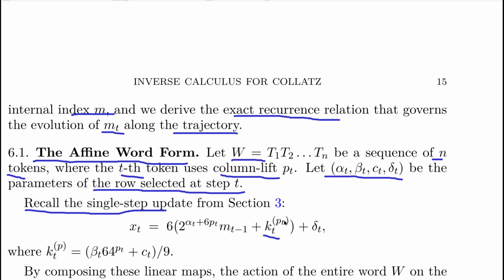So kt is beta times 64 raised to p plus c over 9, and then plus delta t. So this is the t-th output. M is the t minus 1 index, where kt of p is, as we said, beta t times 64 raised to pt plus ct over 9.